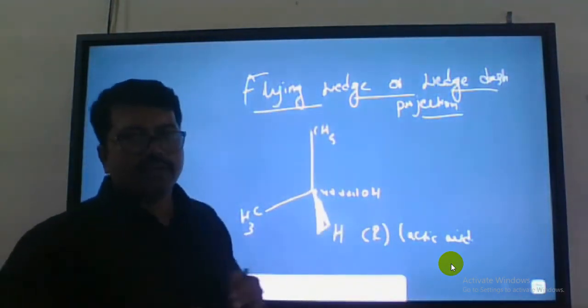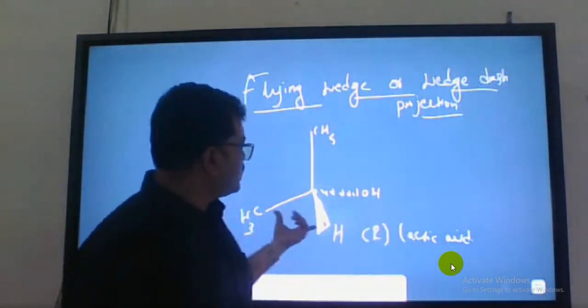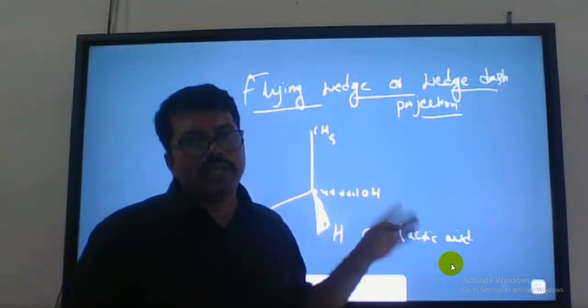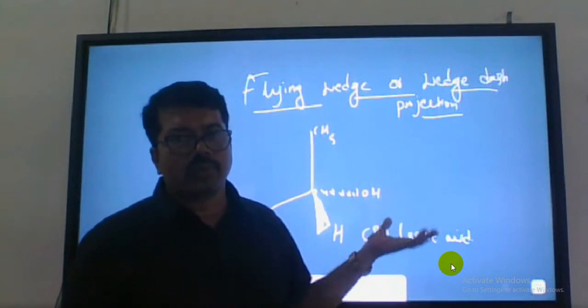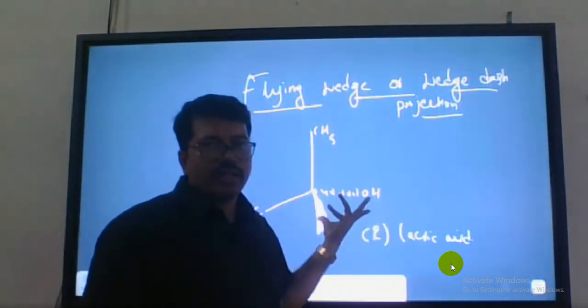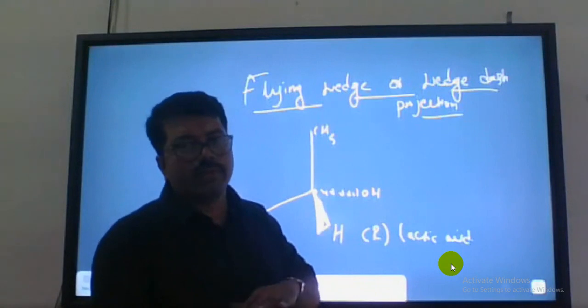So the Fischer projection is a two-dimensional representation of a three-dimensional organic molecule by projection. This is three-dimensional, and we convert it to two-dimensional.